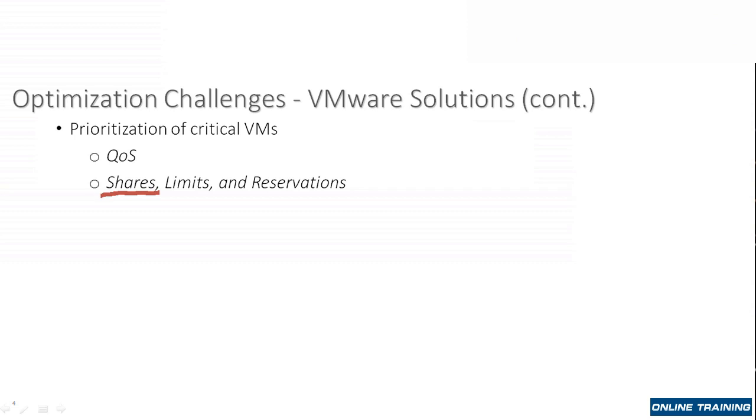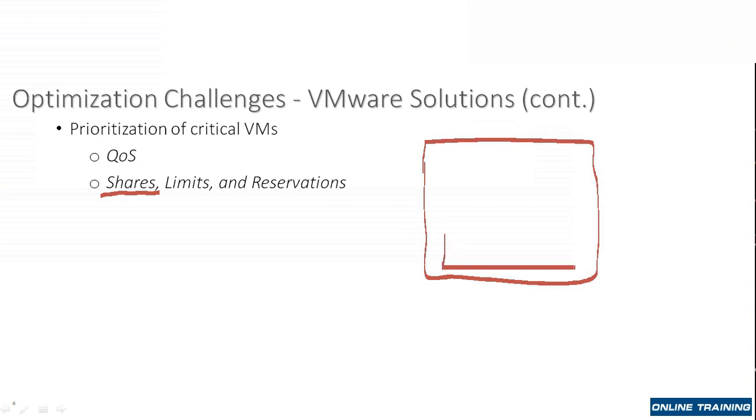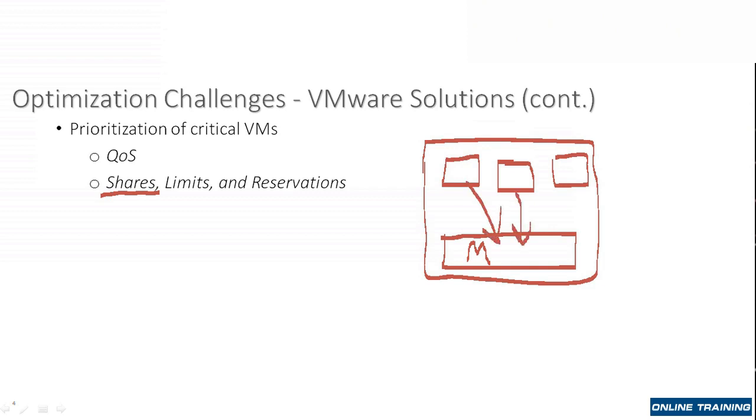Well, the virtual machine with 2,000 shares is entitled to twice as much memory as the virtual machine with 1,000 shares. And this is important because, remember, our virtual machines are running on an ESXi host, right? So again, here's this ESXi host. And the ESXi host has a finite amount of memory, right? So here's the actual physical memory of the ESXi host. And on this host, I'm going to have all of these VMs running, right? Here's all these different VMs that are competing for the physical memory of that ESXi host.